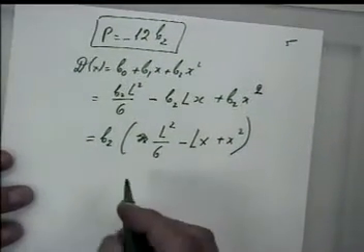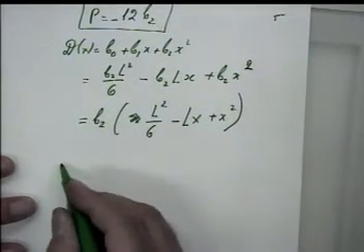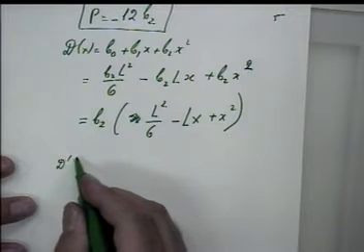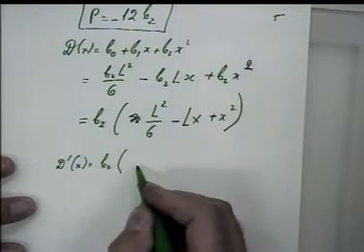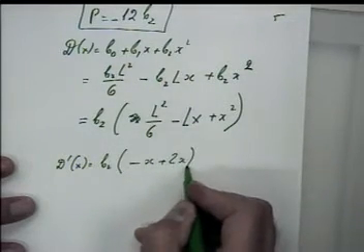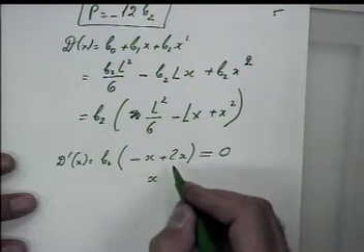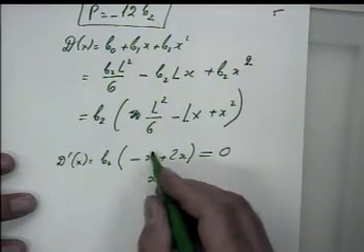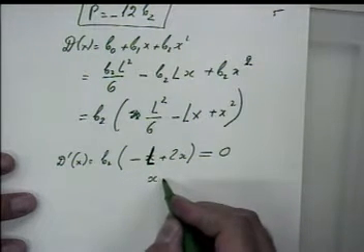Okay, so let us check this function. So that is d of x. Let us just calculate first derivative of x. It will be b2, this is 0, minus L plus 2x. Now where is it 0? When x equals L over 2.